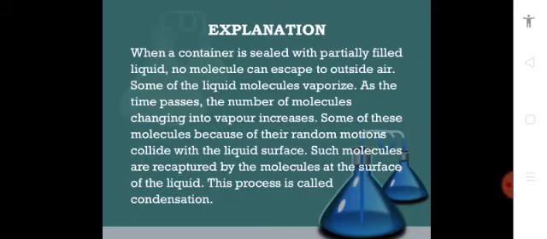Since they cannot go outside the container, they collide back with the liquid surface, and the liquid molecules at the surface recapture the vapors again, and the condensation process starts.